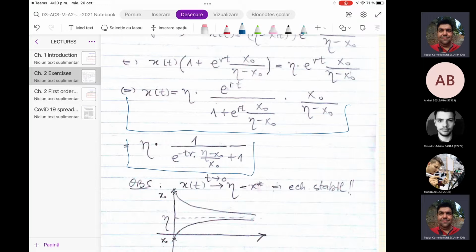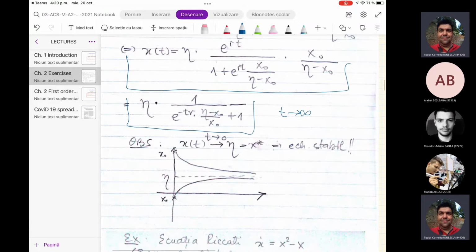Okay, and look, when you take t going to infinity, no matter where you start with the initial condition, either here or here, you see that the fish population tends to fill up the whole pond.